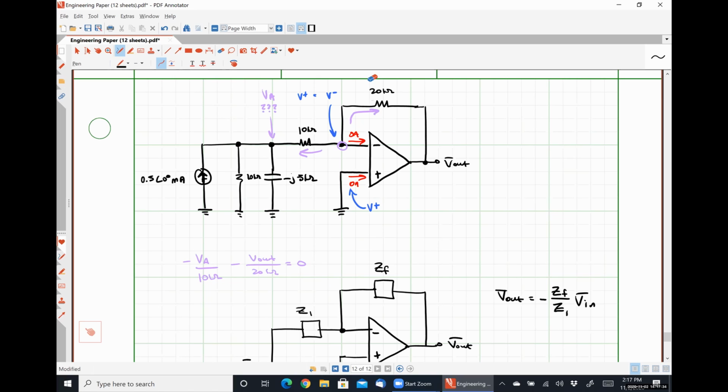I understand your logic, but I disagree. And the reason that I disagree is because we don't know how much current is coming out of the output terminal of the op amp. And unfortunately, there isn't a way for us to know how much current is coming out of the input terminal of the op amp without knowing the output voltage.